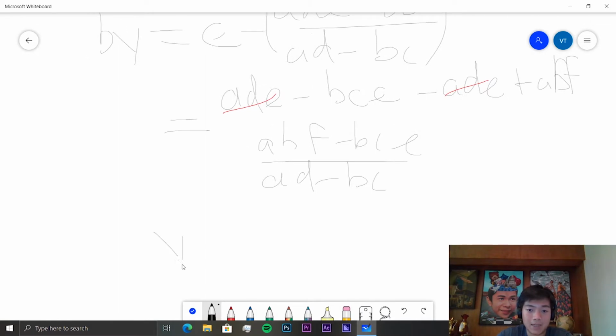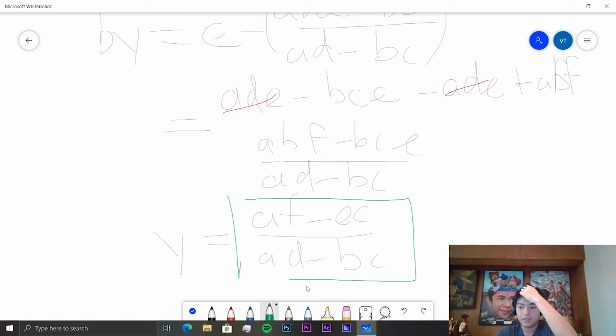So y is actually equal to this divided by b. In other words, af minus ec over ad minus bc. So this will be our y value.